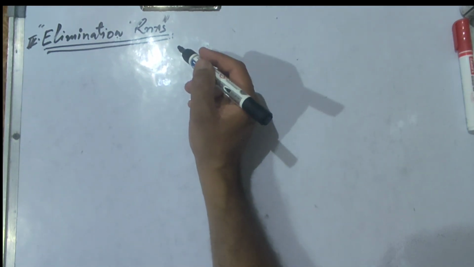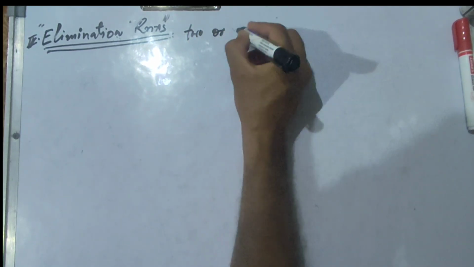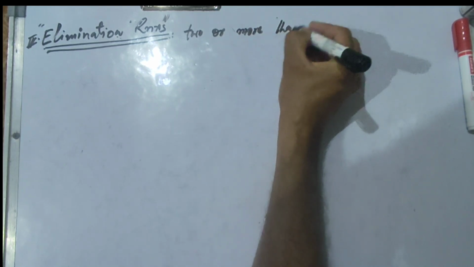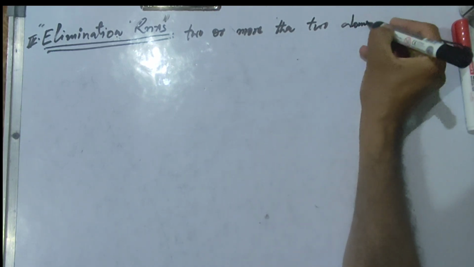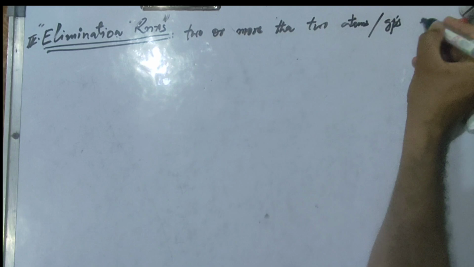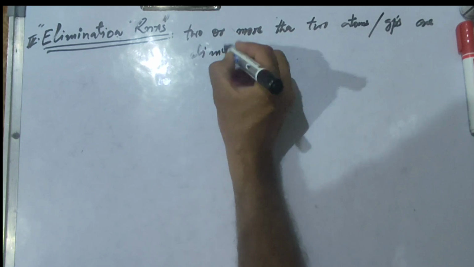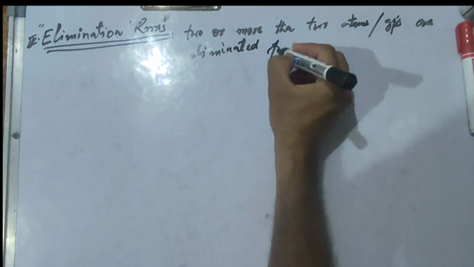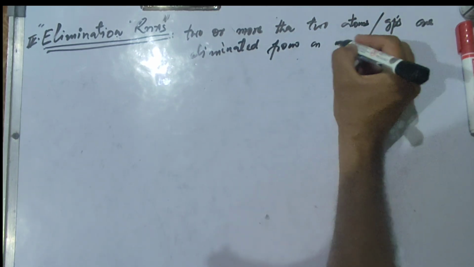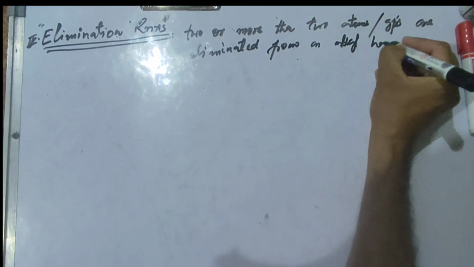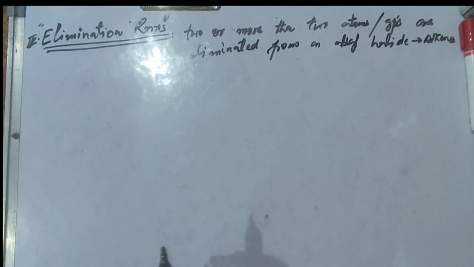Elimination reactions are those reactions in which two or more than two atoms or groups are eliminated from an alkyl halide to form alkenes.